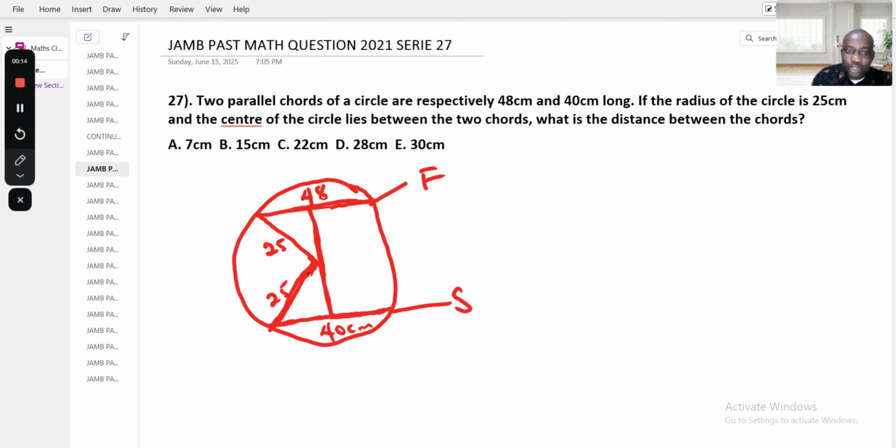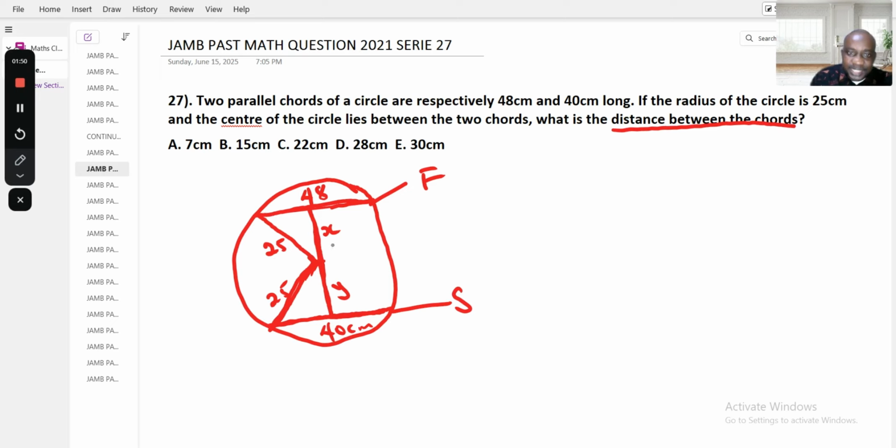Now, what you are going to do is look for the distance here. I can call this space X and this space Y because I have cut them into two. It means that X plus Y is the total distance between the two chords.